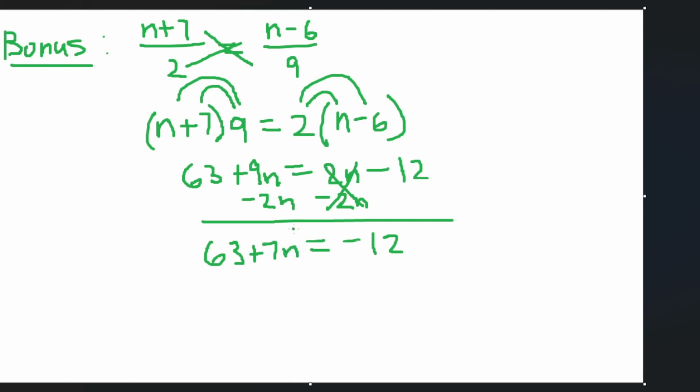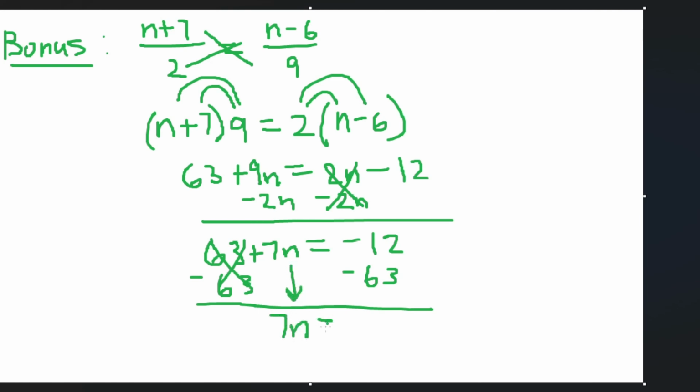And here we will subtract 63 to get the 7n by itself. We bring the 7n down. And here we have minus 12 minus 63, which gives you a negative 75. Minus 12 minus 63 is the same as minus 12 plus negative 63.